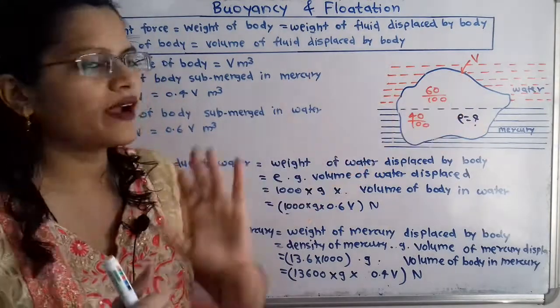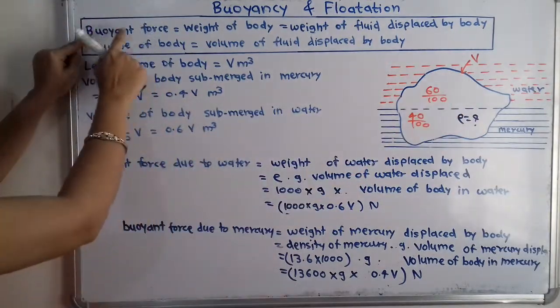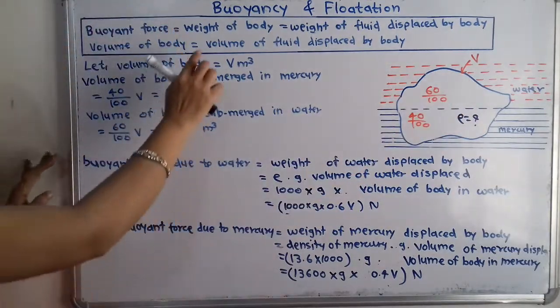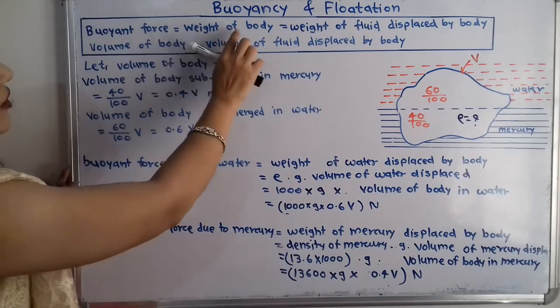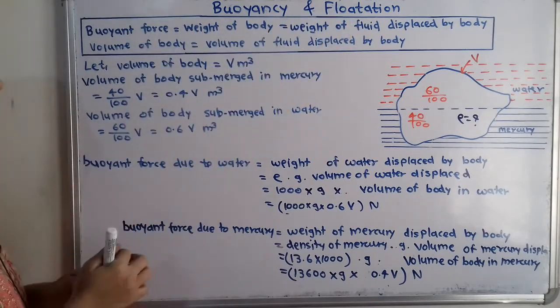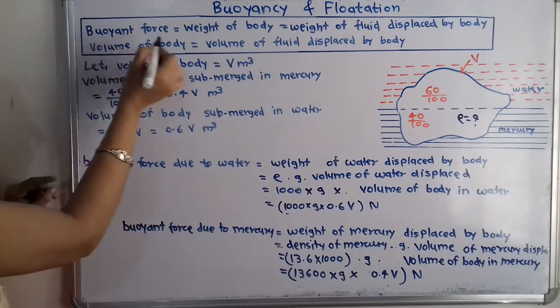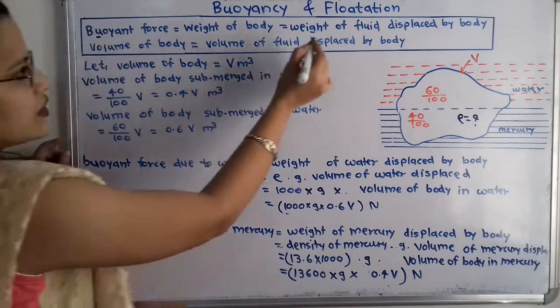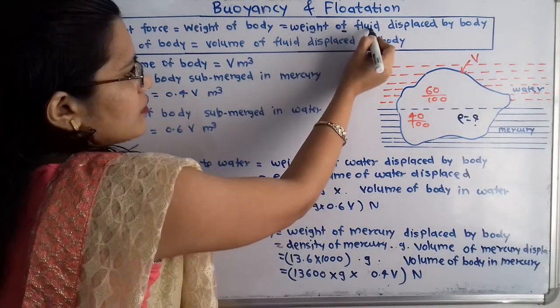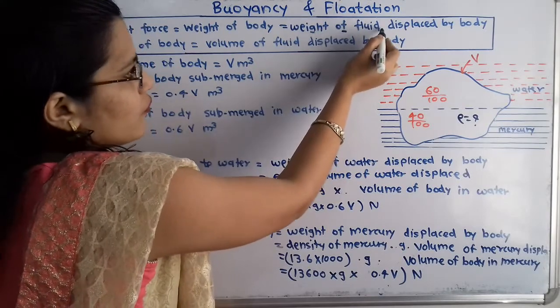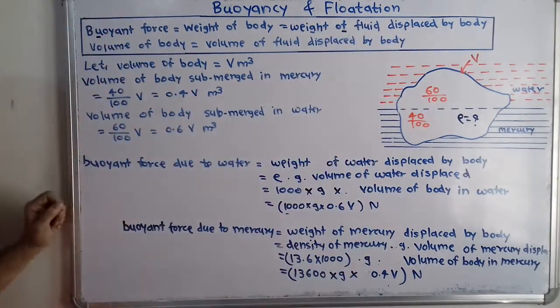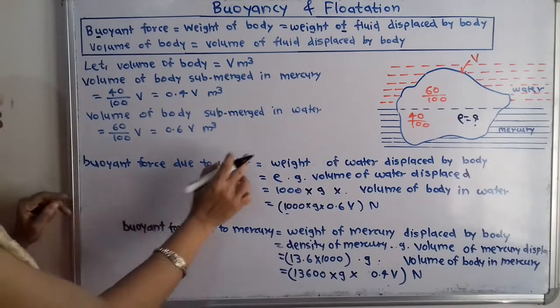So how to find that? Again, the buoyant force due to water is equal to the weight of water displaced by the body. We use the formula: buoyant force is equal to the weight of, here instead of fluid, water displaced by the body, because here we are only finding the buoyant force due to water.